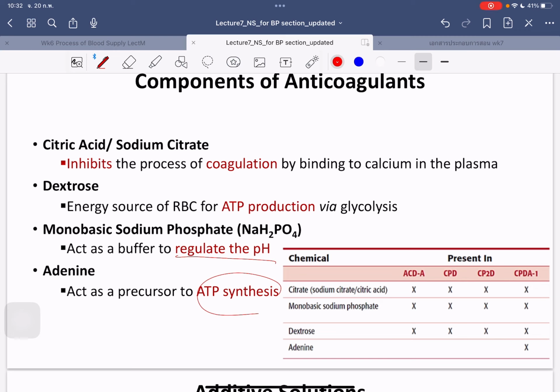So in your opinion, right now we have two molecules that can be used as a source for ATP production. That is dextrose and adenine. Why do you think we do not select only one? Why not just use only dextrose or adenine?